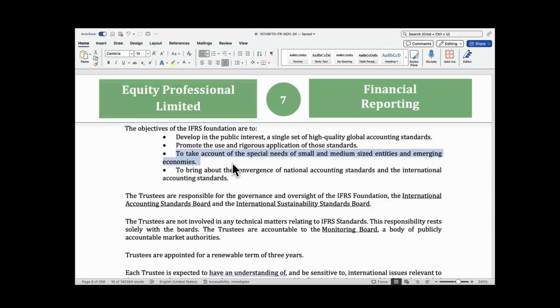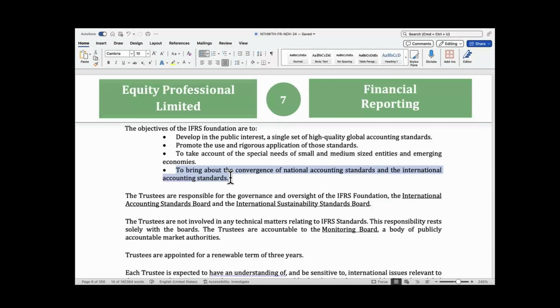Another one is to bring about the convergence of national accounting standards and international accounting standards. And this objective exists because they know that some countries will not adopt IFRS. They have it at the back of their mind that, okay, any country that does not want to use IFRS, no problem.